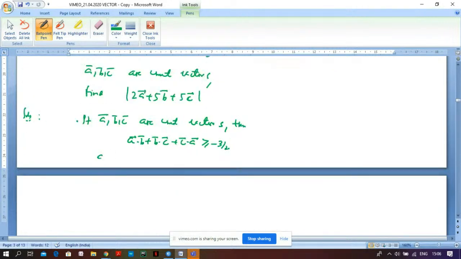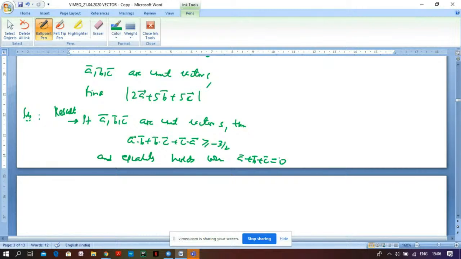This is a good result. And equality holds when A plus B plus C is 0, meaning the sum of the A, B, and C vectors is 0.